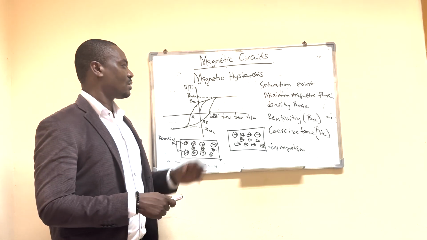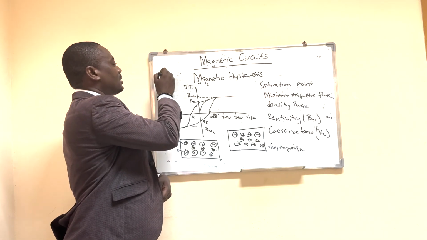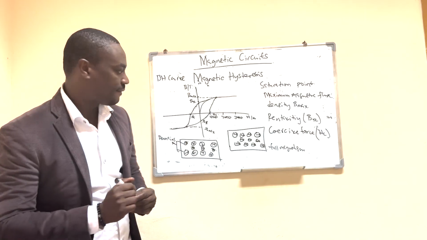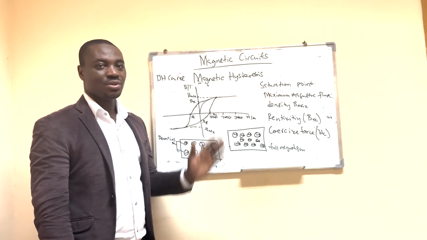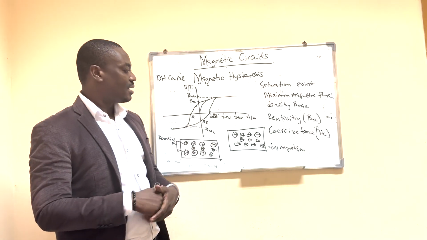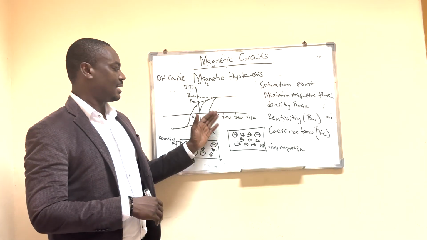We call this curve the BH curve. The BH curve illustrates the relationship between the magnetic flux density and the magnetic field strength, as you can clearly see here from this example.